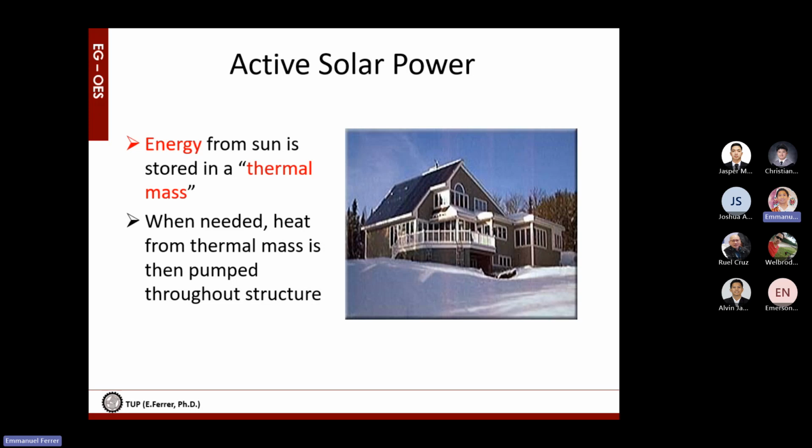May mga ganito namang setup, no? So solar to H2 to syempre electricity. Merong isang intermediate. Okay, so 'pag thermal mass naman yun nga, we store the heat, then later on we use that when there's no more sunlight.